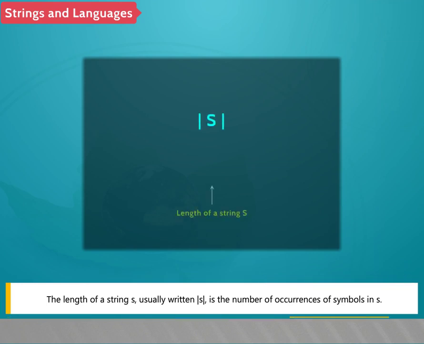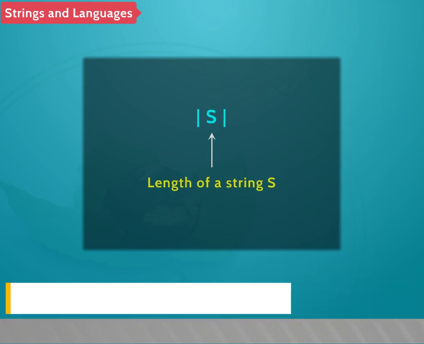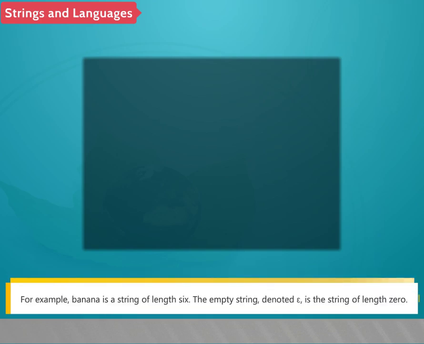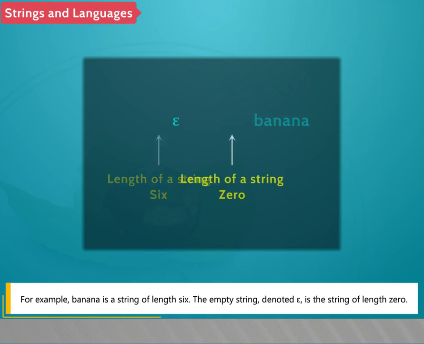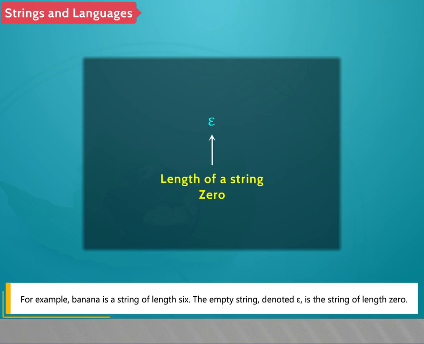The length of a string S, usually written |S|, is the number of occurrences of symbols in S. For example, banana is a string of length 6. The empty string, denoted epsilon, is the string of length 0.